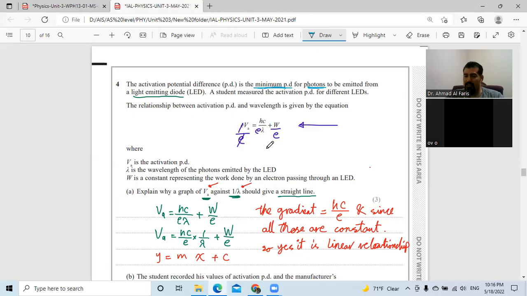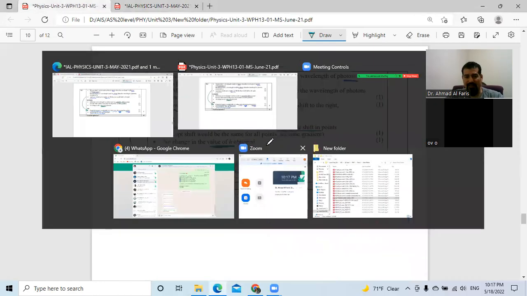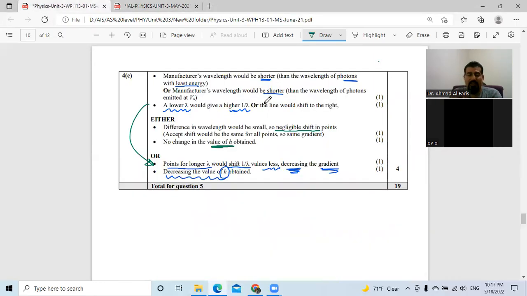Yes, actually, this is the last part, and the last part usually they make a little bit confusing in the past papers. So again, the manufacturer wavelength will be shorter, since the frequency needed for the photons will have least energy. So lower wavelength will get a higher value of 1 over lambda.